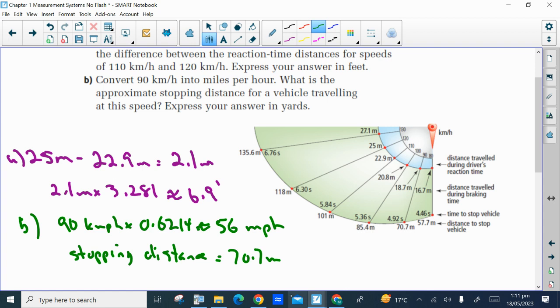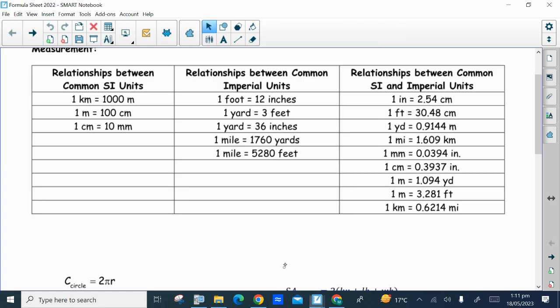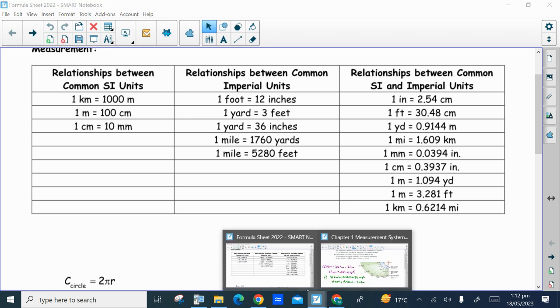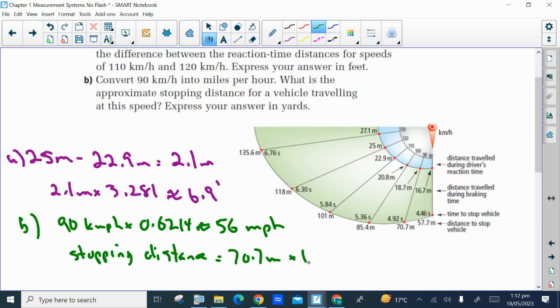We want to go from meters to yards. So if we look on our formula sheet, there is a conversion there. 1 meter is 1.094 yards. So we're going to multiply the number of meters by 1.094, and that'll convert it into yards.